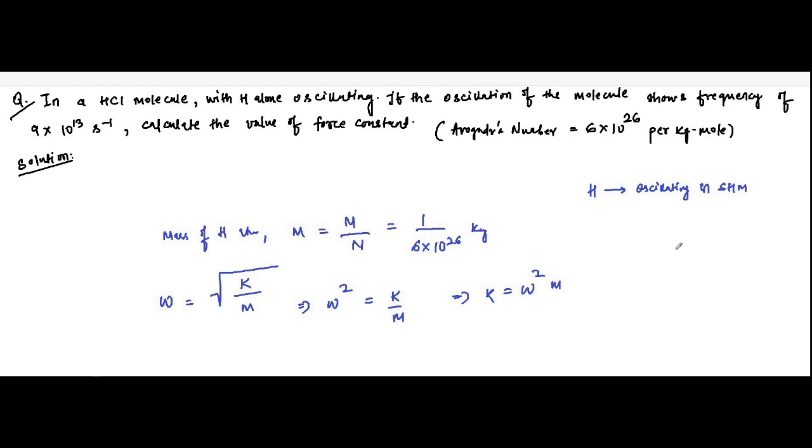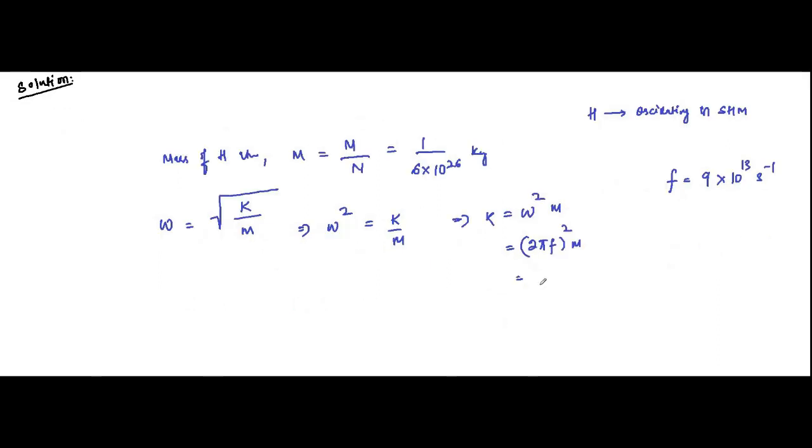Here the frequency is given as 9 into 10 to the power 13 second inverse. If we substitute omega with 2 pi f, it will be k equals (2 pi f) whole square m. So we have everything with us. We have the value of f, we have the value of m.